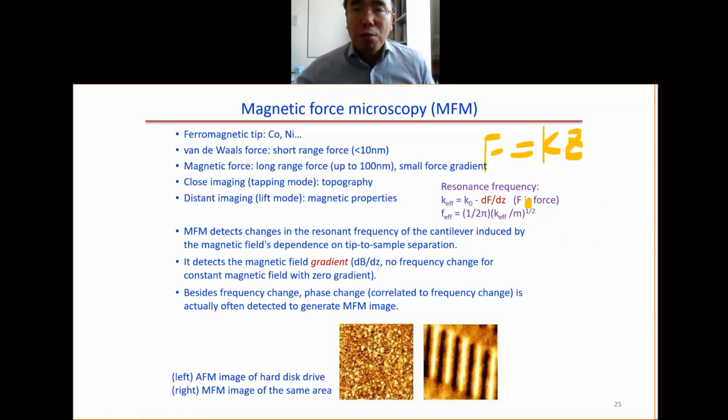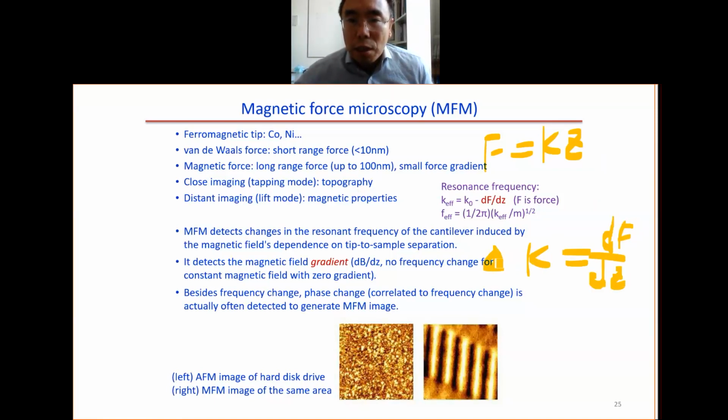This is the force. Then the change of the K equals dF over dz, so dF over dz over K. This is from the magnetic force. Then the total effective K value equals K0 minus dF over dz.